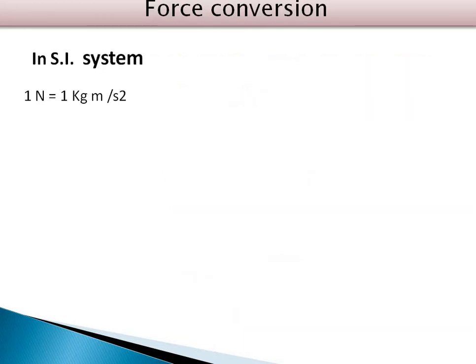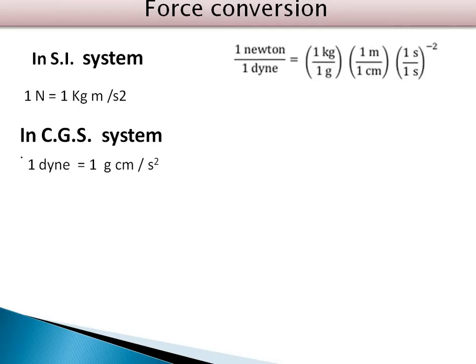Now in the SI system, 1 Newton is equal to 1 kg meter per second square. In the CGS system, 1 dyne is equal to 1 gram centimeter per second square. So 1 Newton by 1 dyne is equal to 1 kg by 1 gram, 1 meter by 1 centimeter, 1 second by 1 second bracket square.